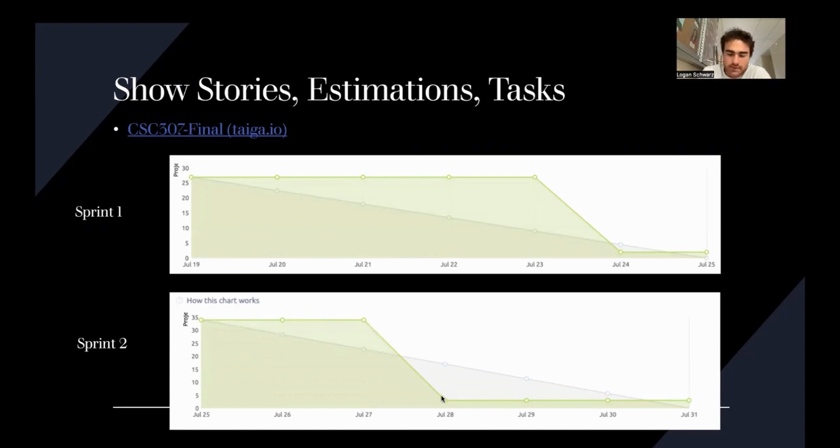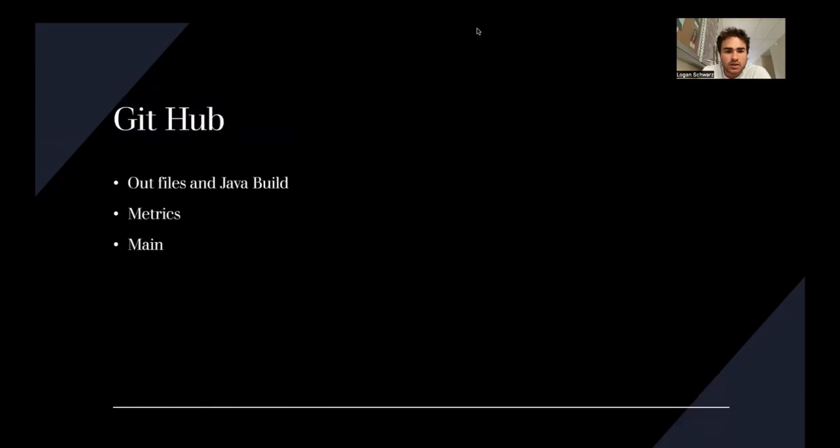So if these days were included, it would be a more proper burn down. And that's because we utilized Taiga a lot better. We learned from our last mistakes in this one, to make sure to update the task cards as we go.